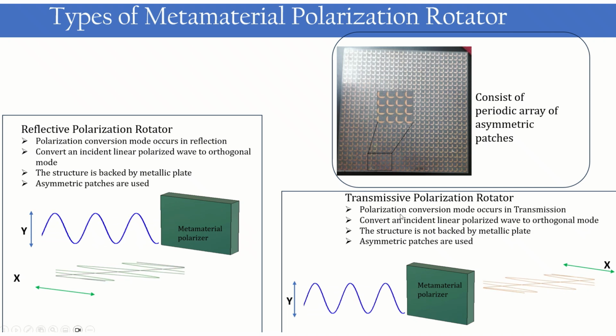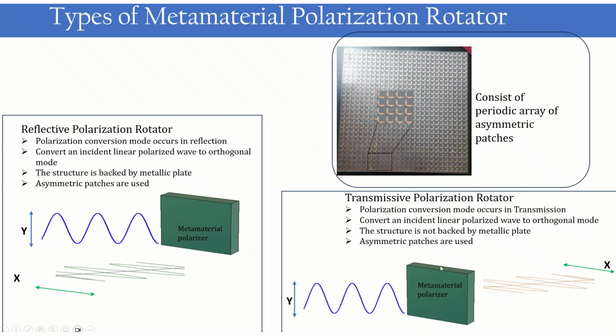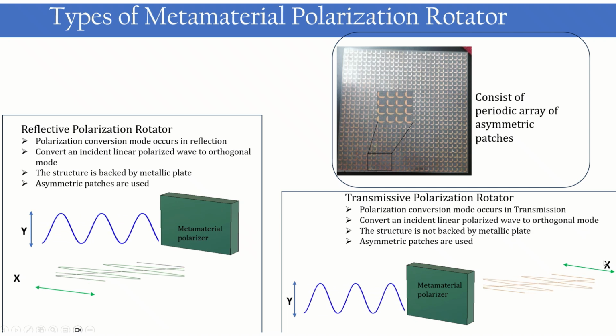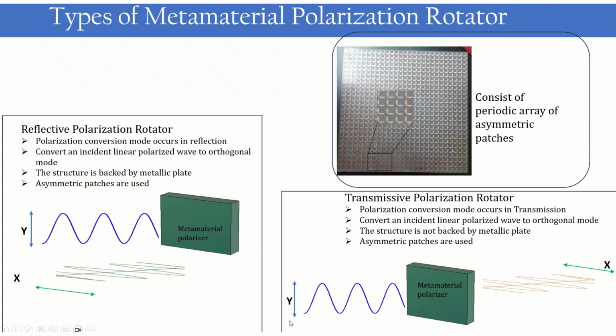In a transmissive polarization rotator, the conversion occurs in transmission, so this structure is not backed by any metallic plate. If a vertically polarized wave is incident on it, during transmission it is converted into a horizontally polarized wave. For both reflective and transmissive rotators, they use asymmetric patches.